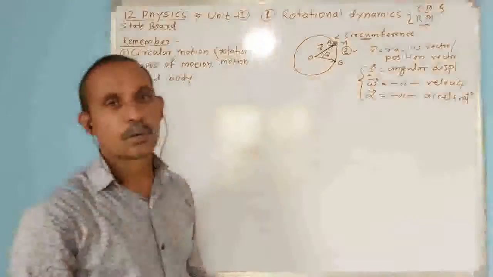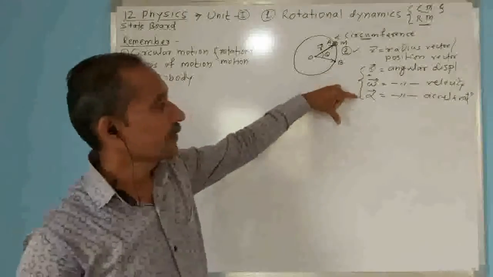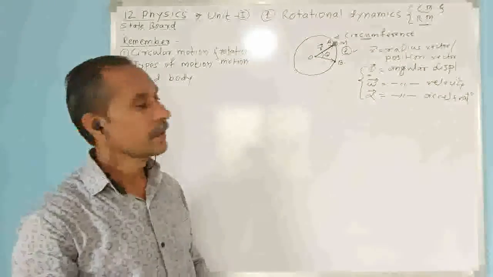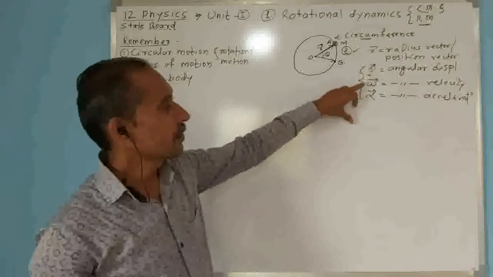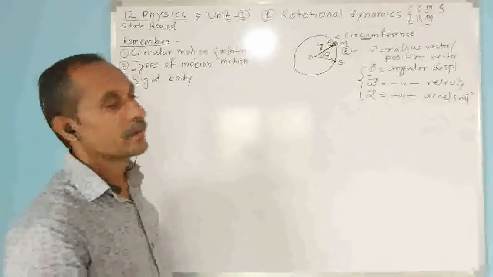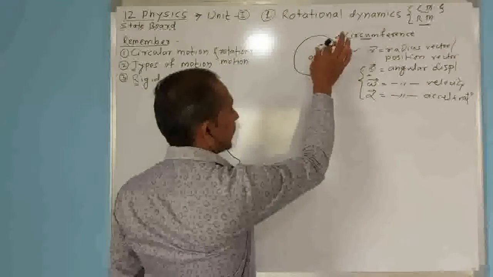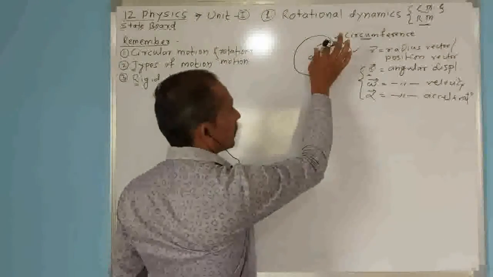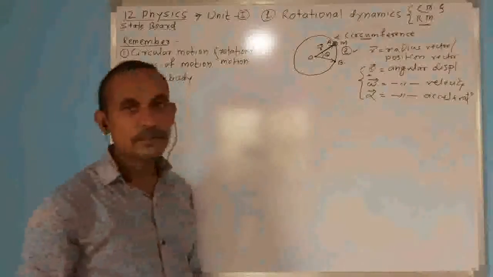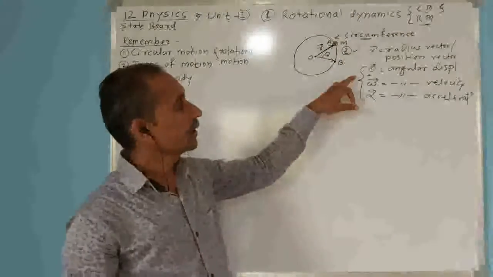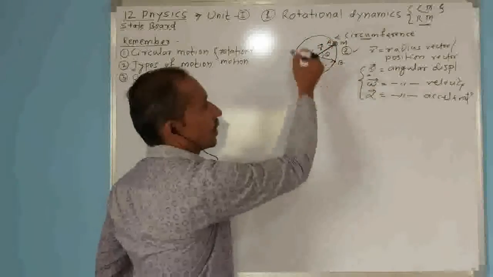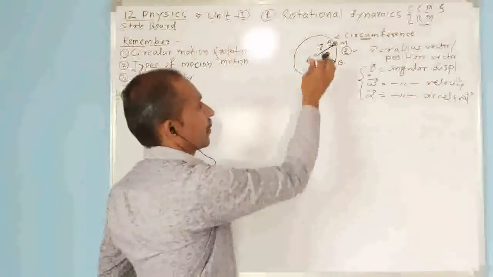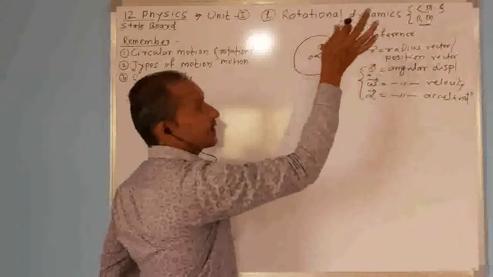These three physical quantities are vector physical quantities, and they are always directed along the axis of the circular motion. This is the circular motion, and for this circular motion, this is the axis.